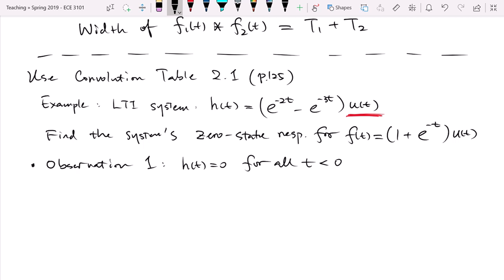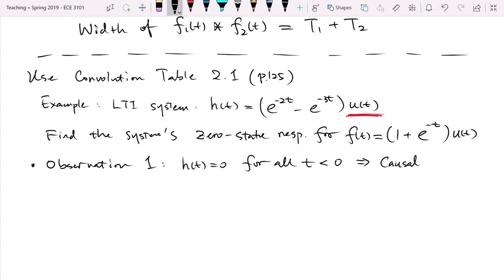What does it mean? It means the unit impulse response appears only after t equal to 0, and t equal to 0 is where the input signal is applied. The input to h of t is delta of t, the spike at t equal to 0. So this observation tells us the system is a causal system. That's the first observation we made.